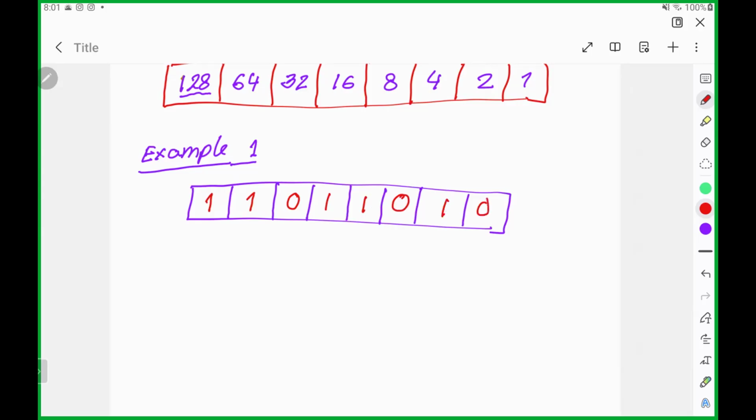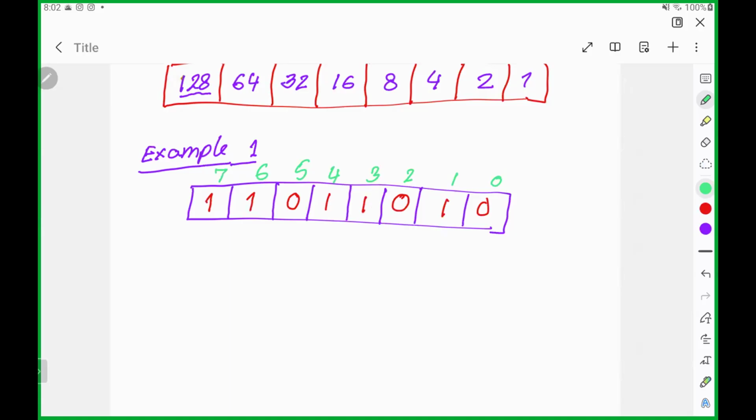This is the first number that is given. According to the step, first we need to find out the position of the ones. So I will mark the positions 2 3 4 5 6 7.